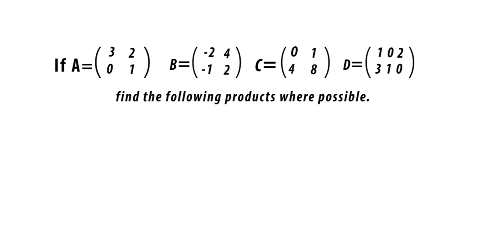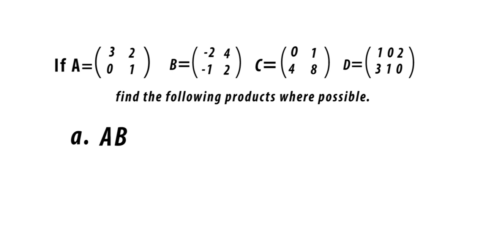And the matrix D is equal to 1, 0, 2, 3, 1, 0. Find the following products where possible. A. The matrix A multiplied by the matrix B. Let's take that one first.